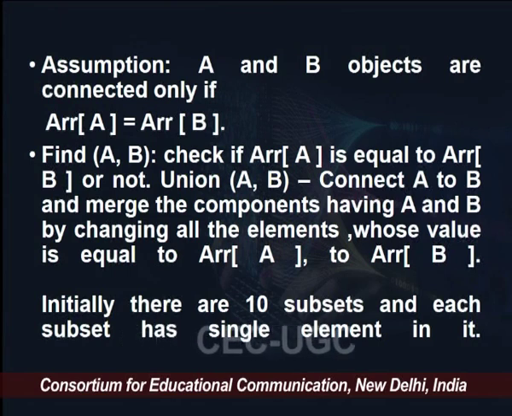Now let us say initially I am assuming that there are 10 different subsets starting from 0 to 9, as we have seen in the form of an array, and each subset has a single element in it. This is what your make set operation is. The make set operation creates different subsets which are obviously disjoint, and initially each has a single element, which is the only element in the subset as well as the representative element of that subset.